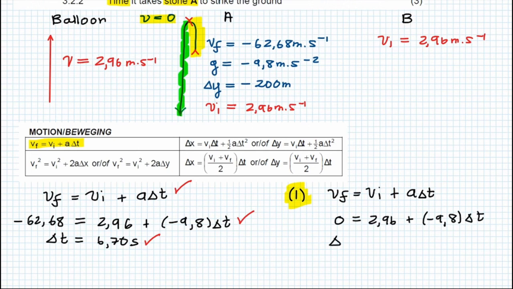When we solve for the time, we obtain an answer of 0,3 seconds. That is the time. This is an S, not a 5. So to travel through this height, we know the stone is going to take 0,3 seconds.